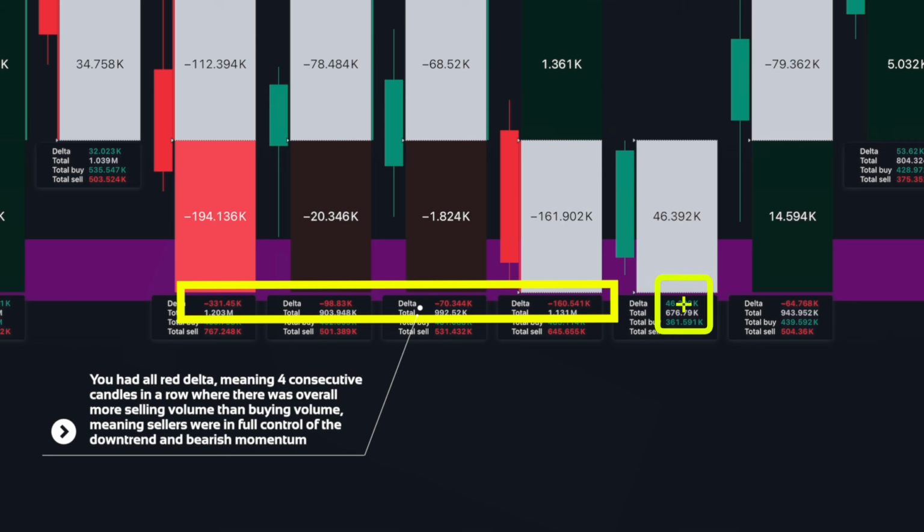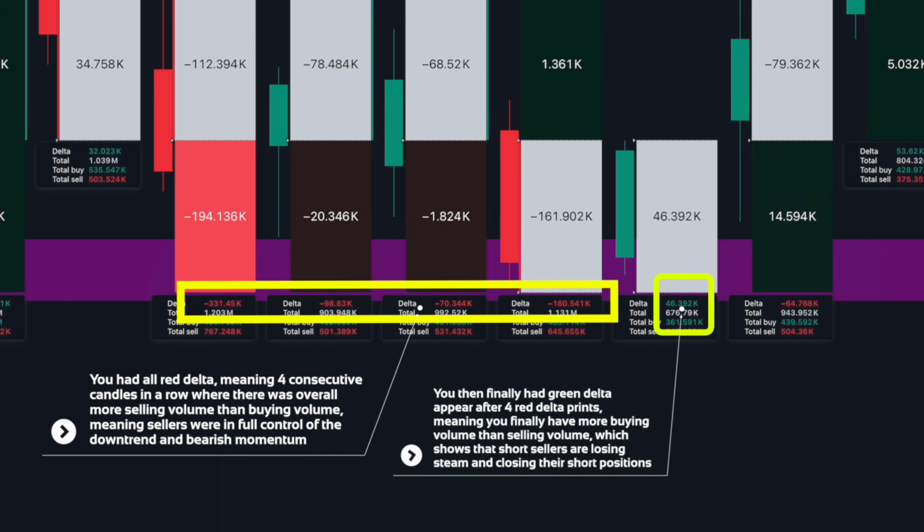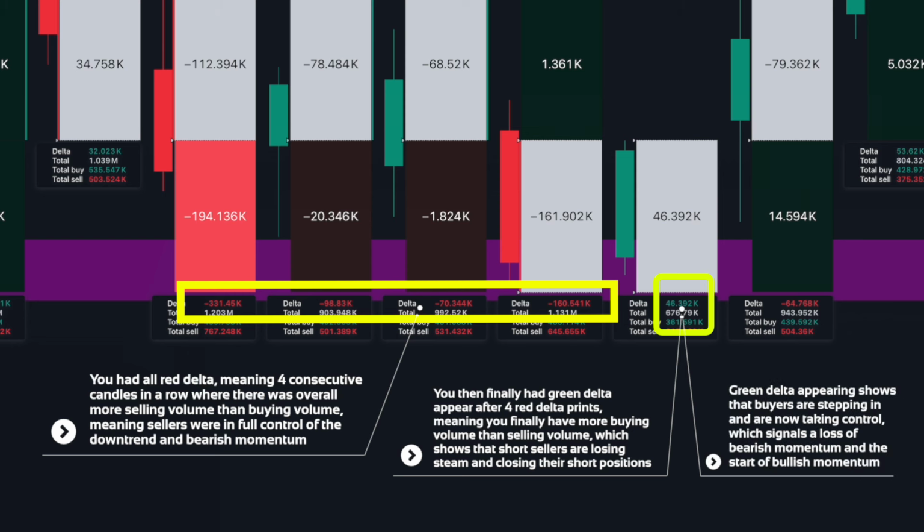You then finally had green delta appear after 4 red delta prints, meaning you finally have more buying volume than selling volume, which shows that short sellers are losing steam and closing their short positions, and that buyers are stepping in and are now taking control, which signals a loss of bearish momentum and the start of bullish momentum.